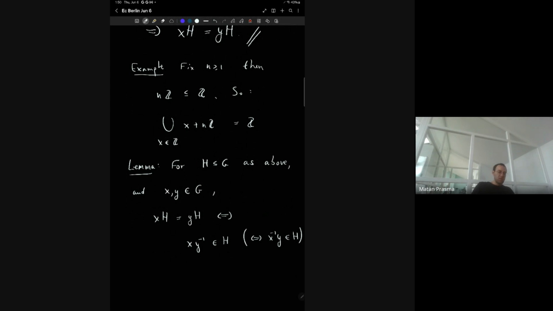Okay, so this lemma characterizes when two cosets are equal. Two cosets are equal if their representative. This is called a representative.